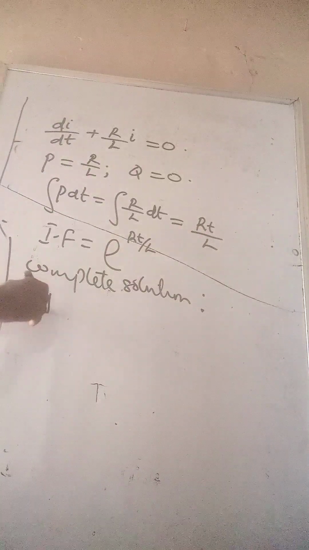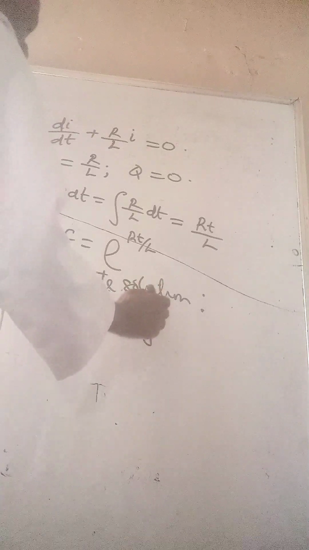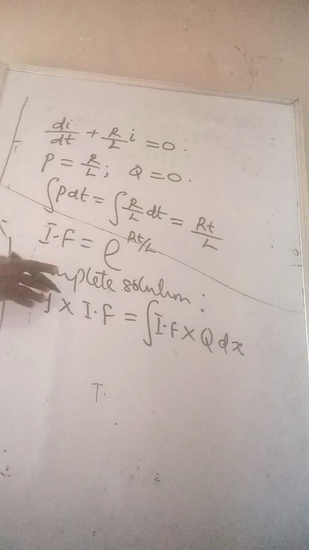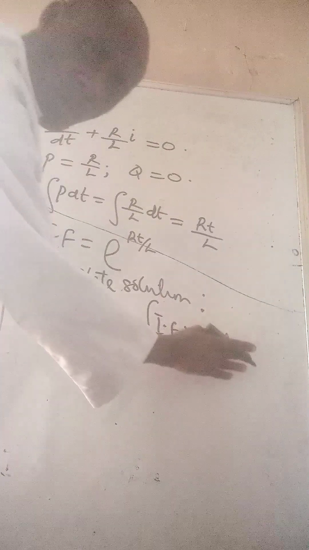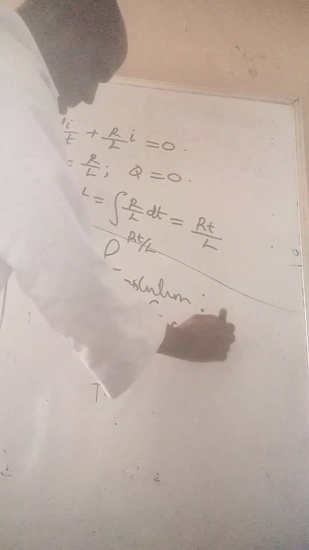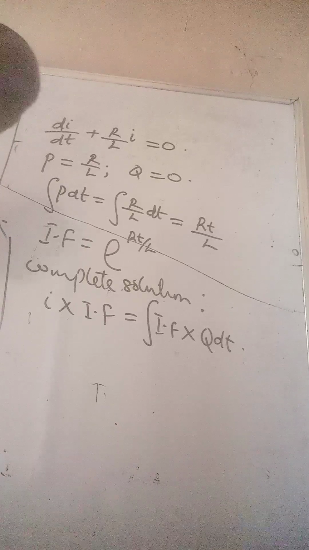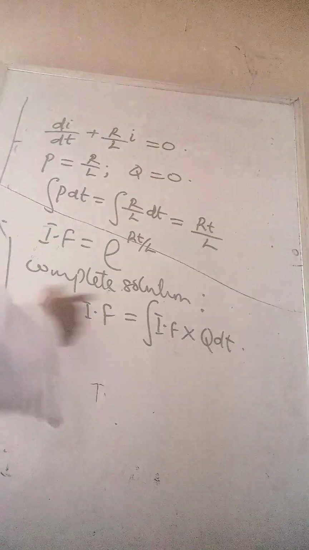The complete solution is y times the integrating factor equals the integral of the integrating factor times Q dx, because I'm using y here. That means the moment I change this y to i, according to this question, this dx will change to dt. Alright. Now, what next? I will bring in the result.